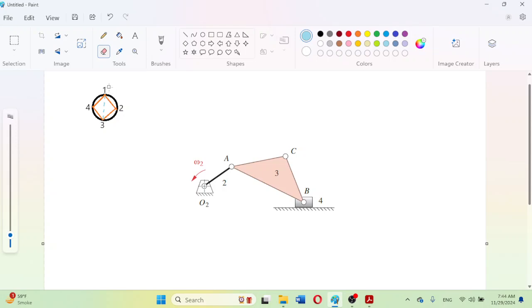That will be between link number 1 and link number 3, which are not directly connected. So how will that be determined?